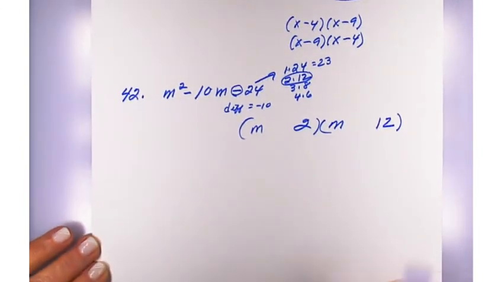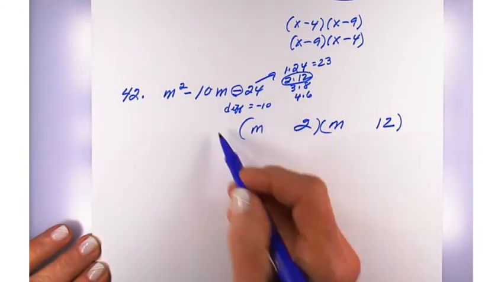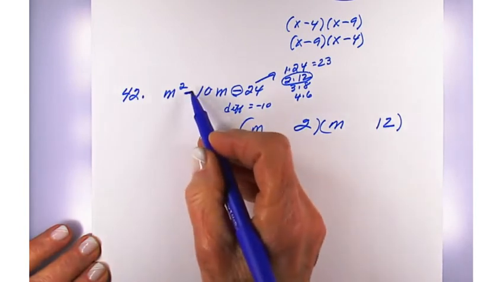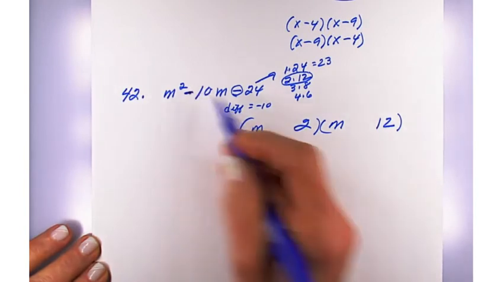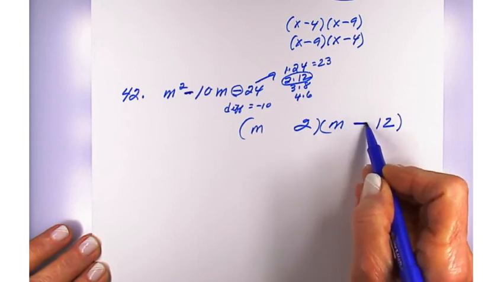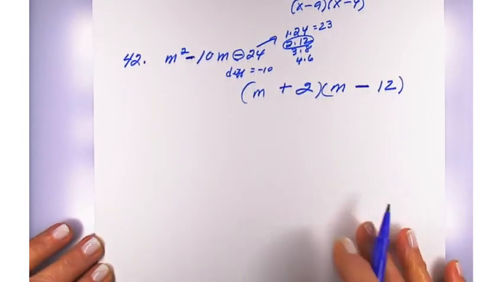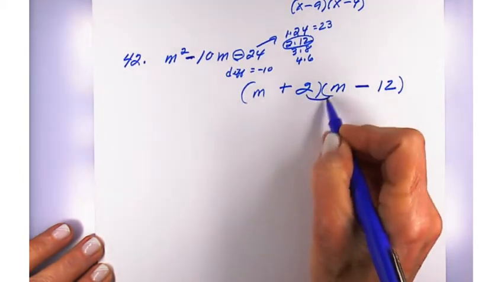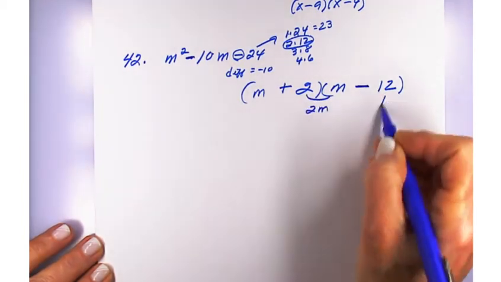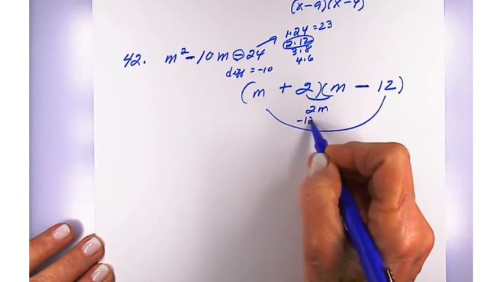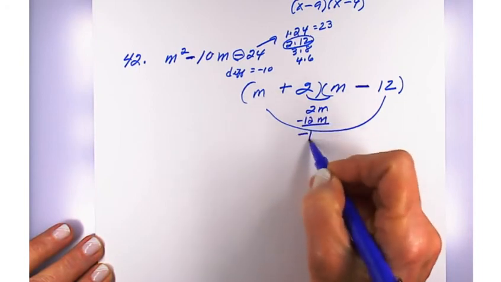I look to see how to sign them. My middle term is negative, so the larger one is negative. The smaller one is positive. Check your scoops. 2m minus 12m. We get negative 10m.